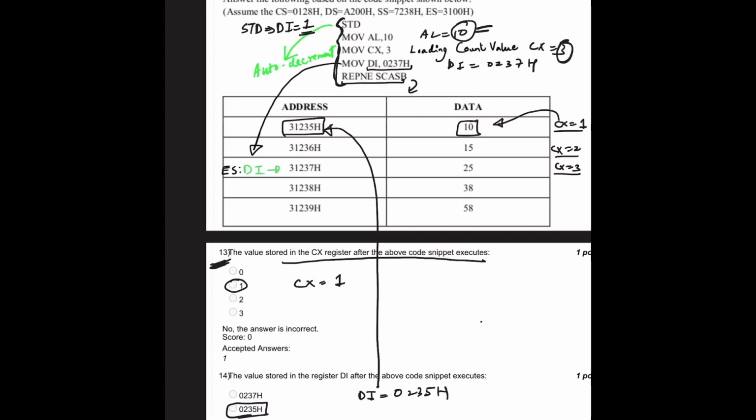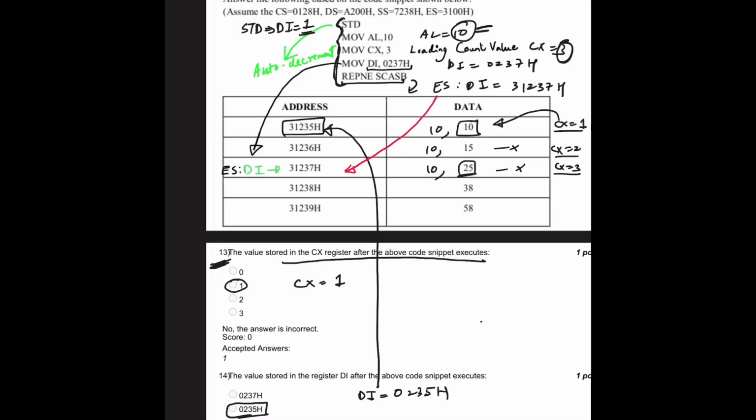The first data element is 25 here, and because DI is 0237, ES:DI is 31237H, which is this. Now we start comparing AL with each of these data elements. So 10, 25, which is not true. 10, 15, again not true. 10, 10, we have gotten the result.